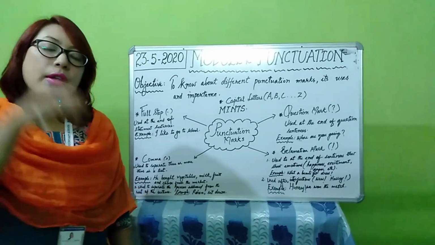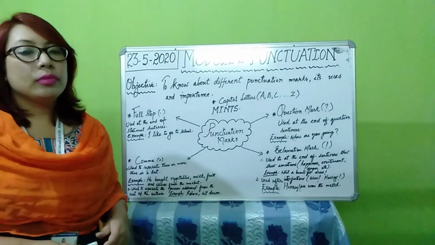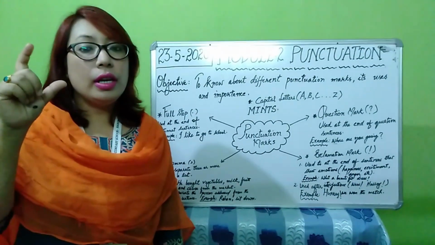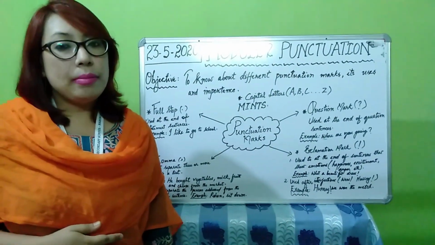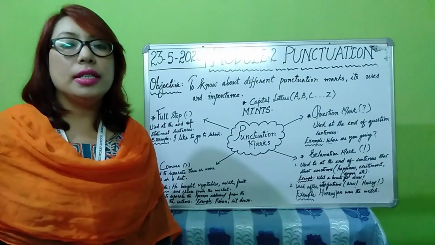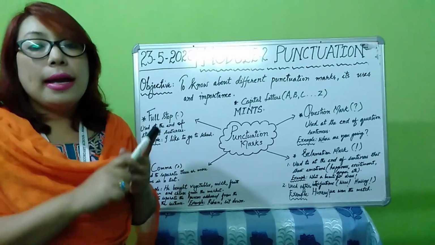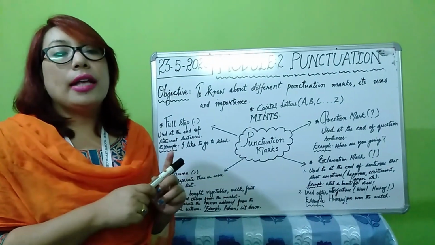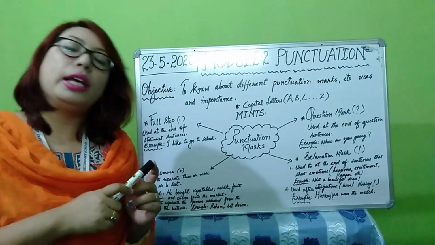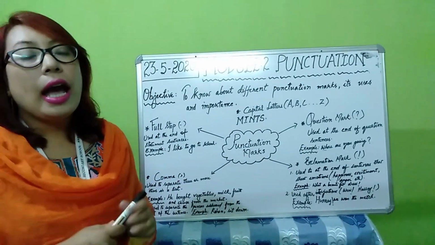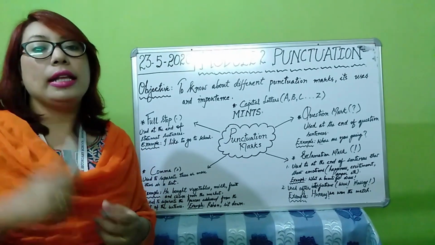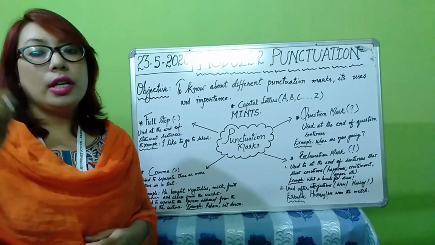So let us recall back for a short period of time. When a capital letter is used, there is an acronym given. I hope all of you still remember it. What is the acronym? MINTS. M-I-N-T-S, right? So what does M stand for? It stands for months of a year and days of a week. Then I stands for whenever you talk about yourself, the pronoun I. It's never written in small letter.